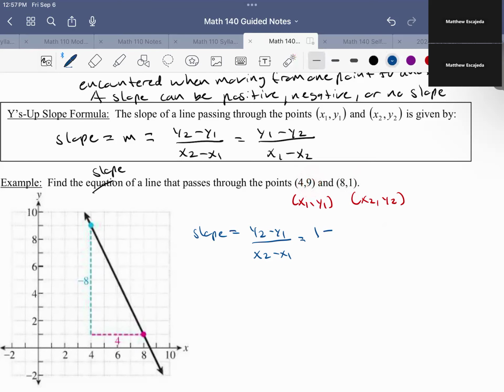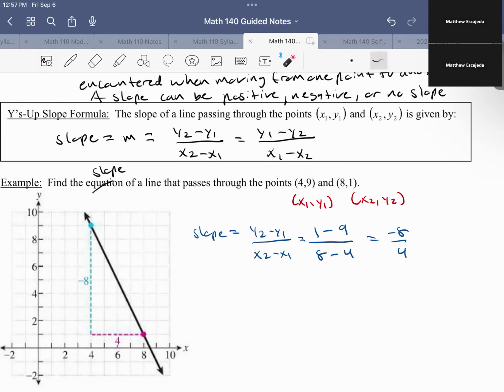That's why it's easier to just pick which one is which in the beginning, so you're not thinking too much. Then my x2 is 8 and my x1 is 4. So this would be negative 8 over 4.